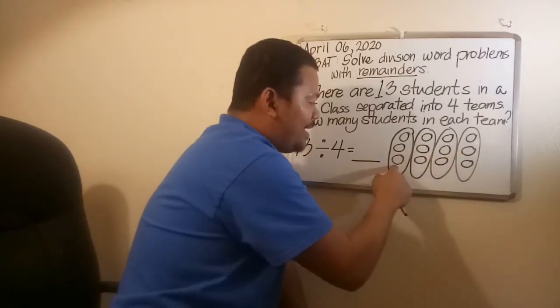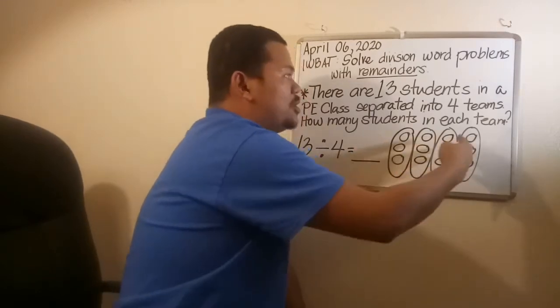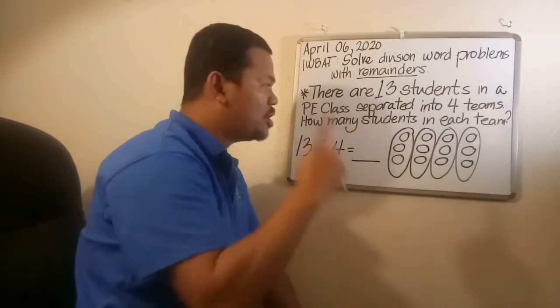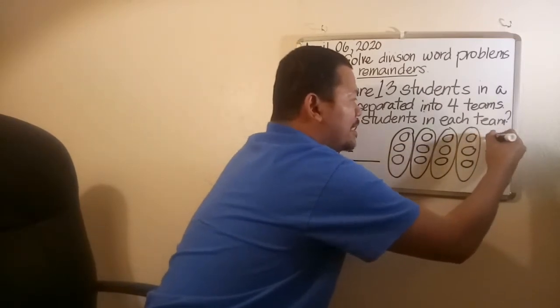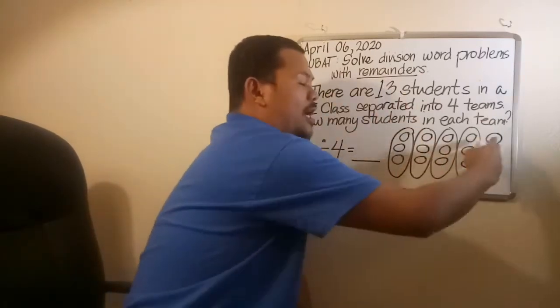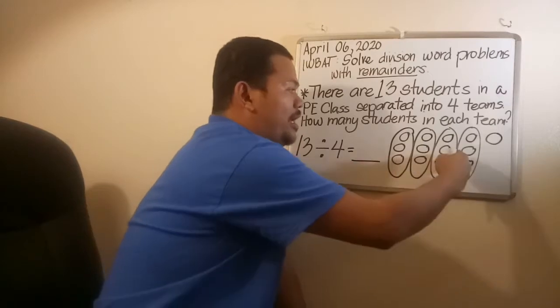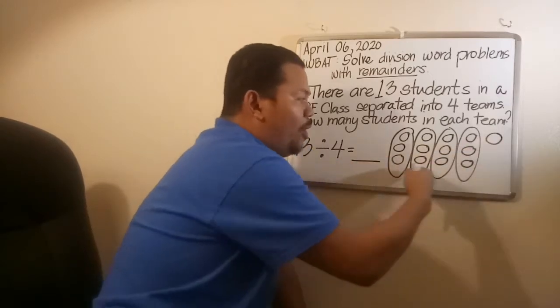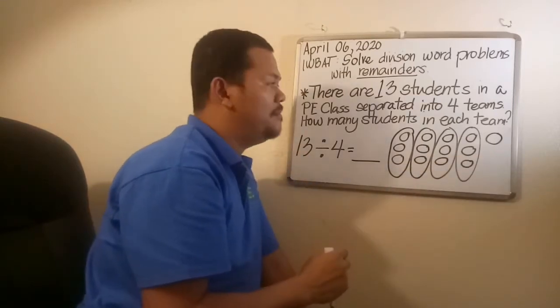But if we are going to add 1 here, which is the 13th, it will not be equal to each team. So what are we going to do? We are going to put the other student outside the group because each group contains only 3. If we are going to include this in one of the groups, it will not be the same on each team.